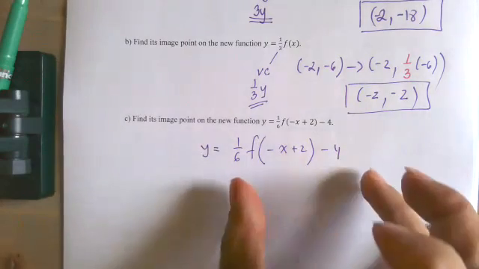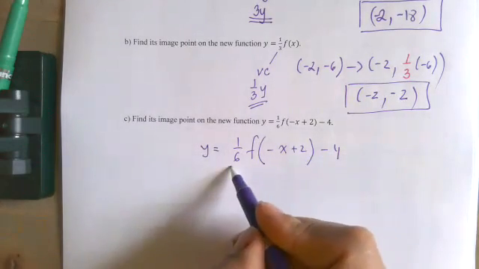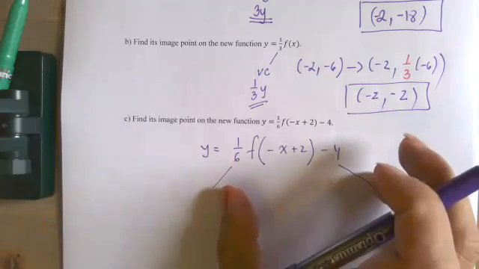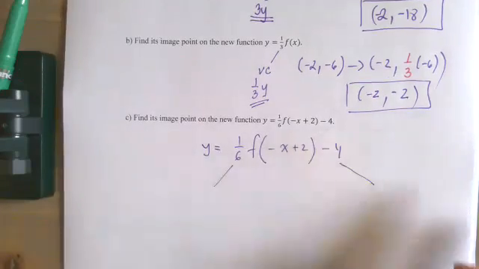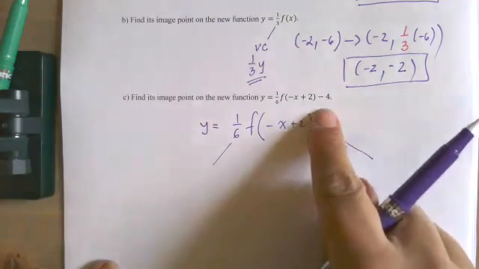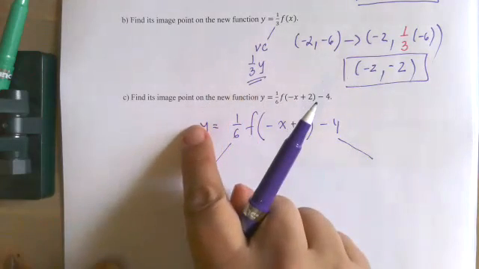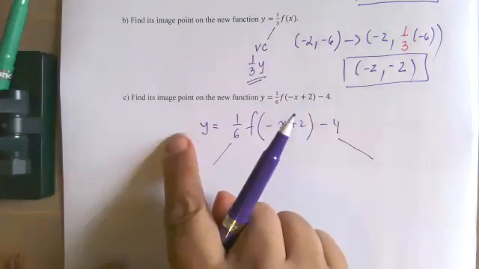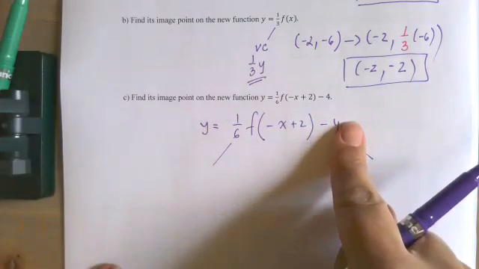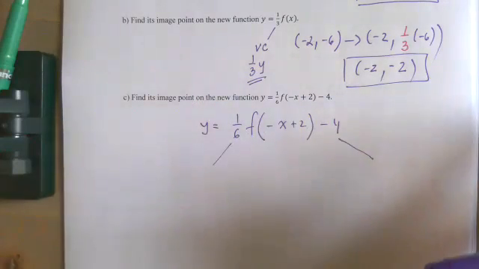For the vertical transformations, those values are usually direct, so they won't really change anything. Sometimes this negative 4 might be written before the equal sign, so it might appear as y plus 4, and then you just have to move it to the other side. But that's pretty much all that can happen.